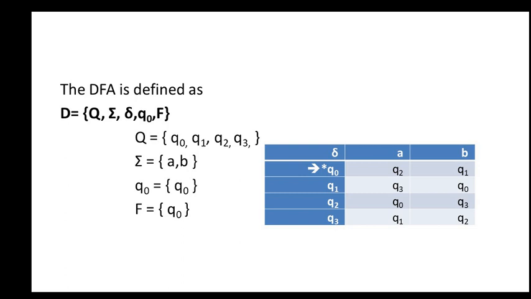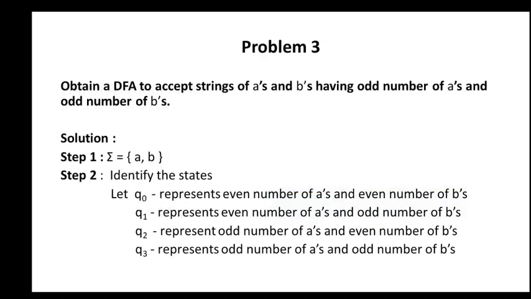The transition from Q3 on B is Q2. This is about this example.